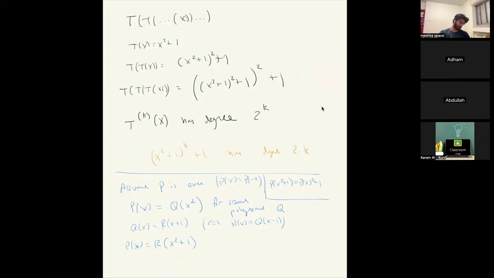Another way to write this is R of T of X. So if I could argue that R is also a solution to the functional equation, then I could just go down by induction. Do you see now?